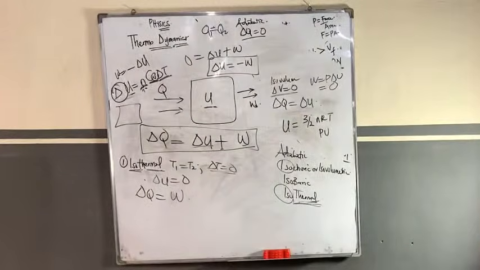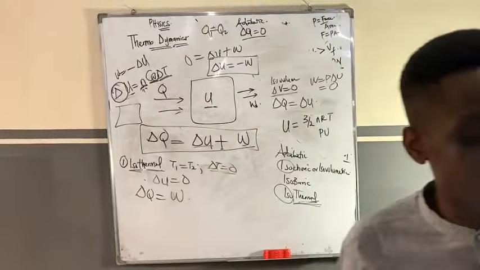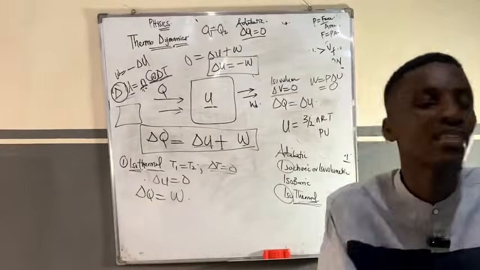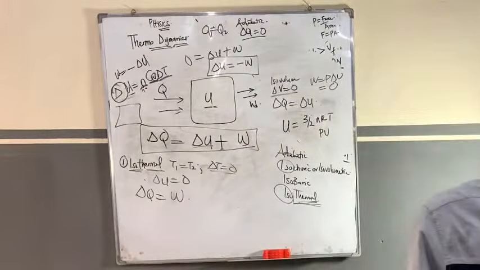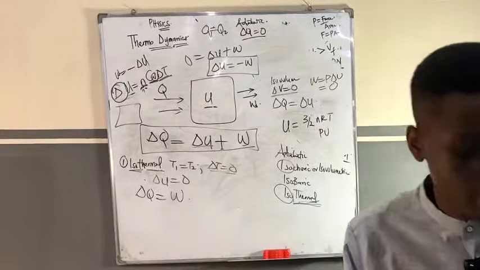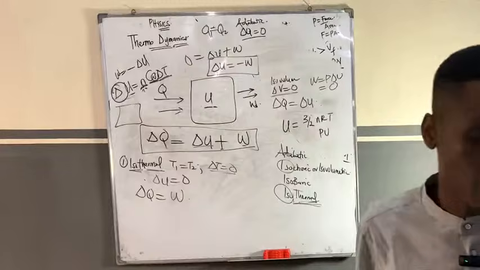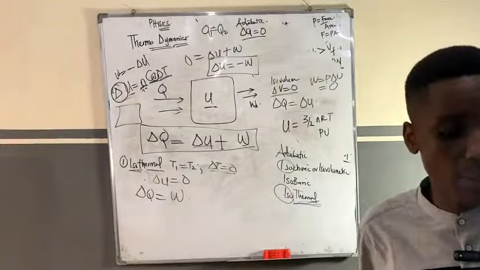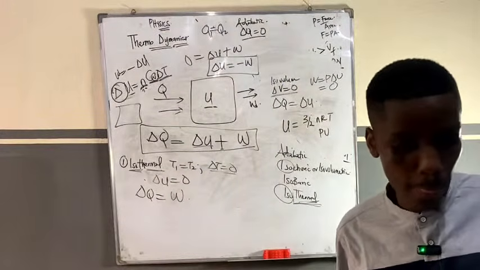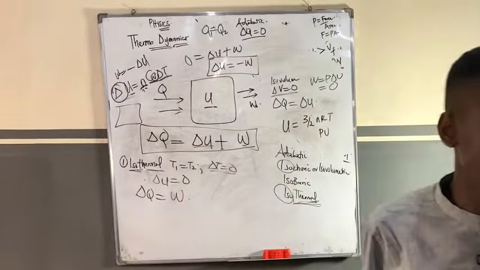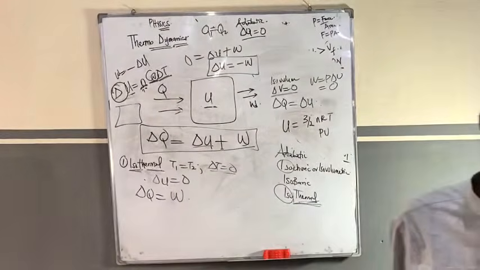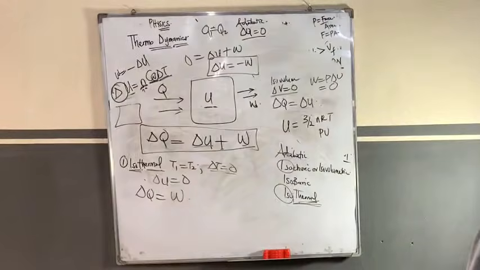Now, a gas in a cylinder has a pressure of 2 times 10 raised to the power 5 Pascal, as shown in the figure below.